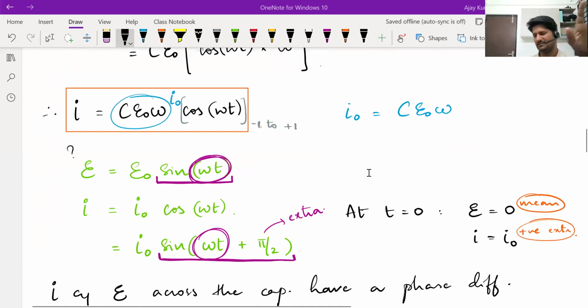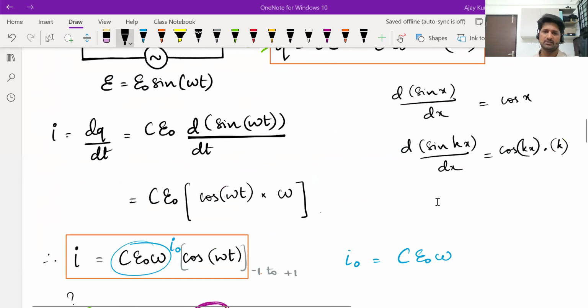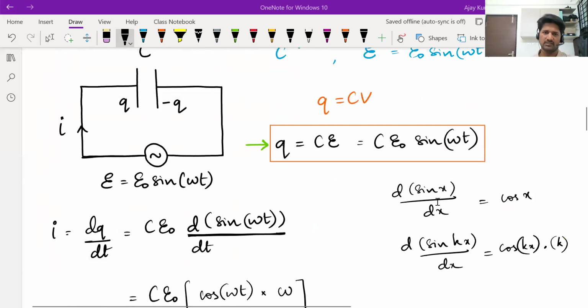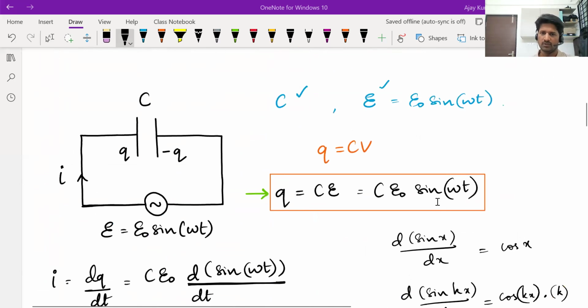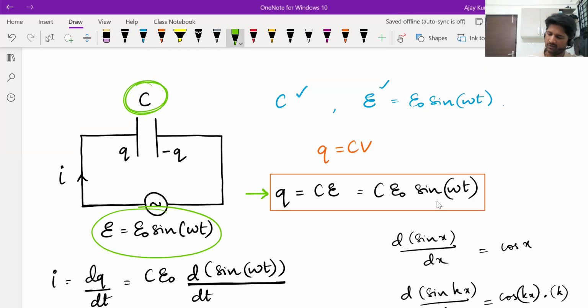Okay, anyway, it's quite common that students don't immediately remember things. But you have to do all this derivation once on your own, not once, twice, how many ever times you need to, till you are able to derive these on your own. Remember where we started from. We assumed a capacitance and an alternating EMF. Based on these two, we got the charge equation.